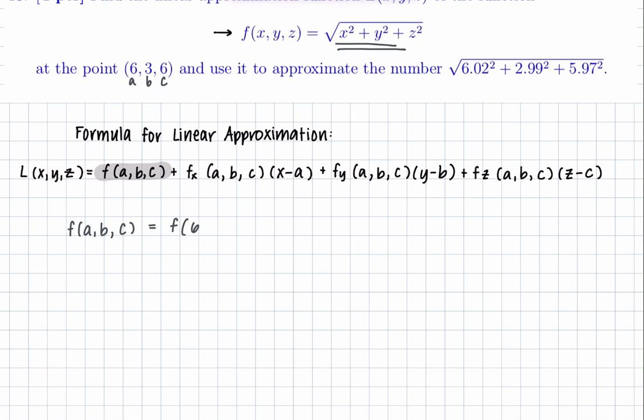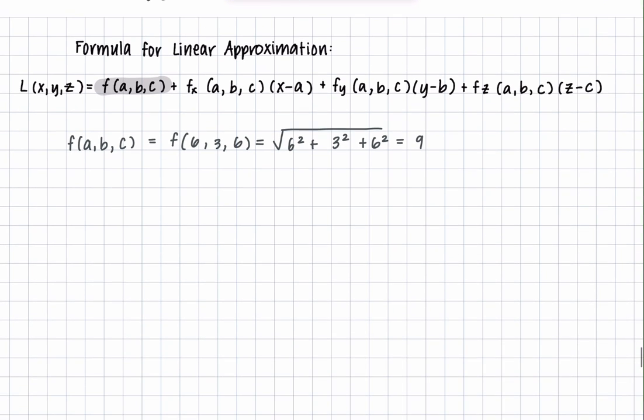So f of 6, 3, 6 equals the square root of 6 squared plus 3 squared plus 6 squared. I plug this into my calculator and I get root 81, or 9. Now that I have this value, I can move on to my partial derivatives.